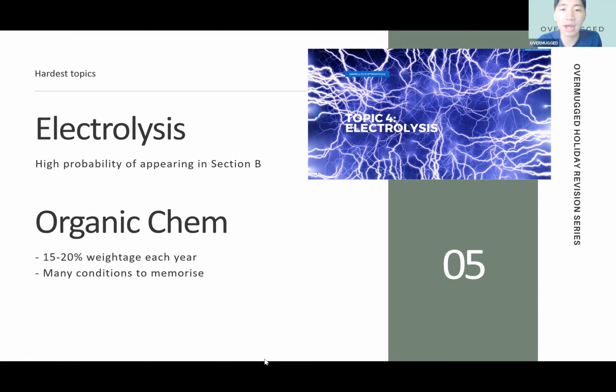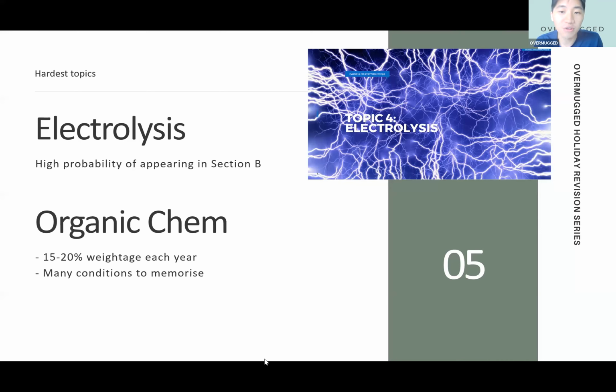And even better, try other school prelim papers. Electrolysis is probably the single most challenging topic. The good and bad news is this. Last year, your seniors didn't have to do organic chem, so like 15 to 20% of the weightage is gone. But what that meant for them was that in the paper 2, usually there's an either or option, but they no longer had that option because they had to do the electrolysis question because organic chem was removed.